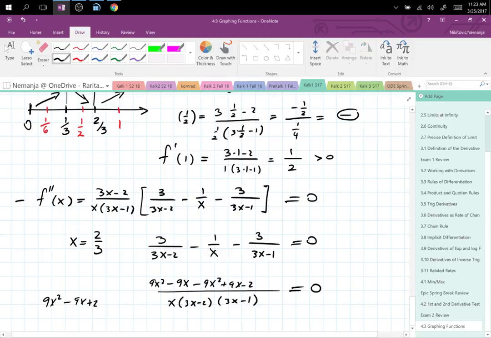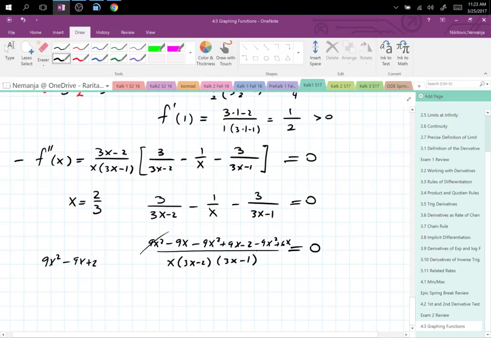And then the last one is minus 9x squared, and minus minus gives plus, so plus 6x. These two drop, but I still have negative 9x squared, minus 9x plus 9x they drop, but I still have plus 6x, and I have minus 2.